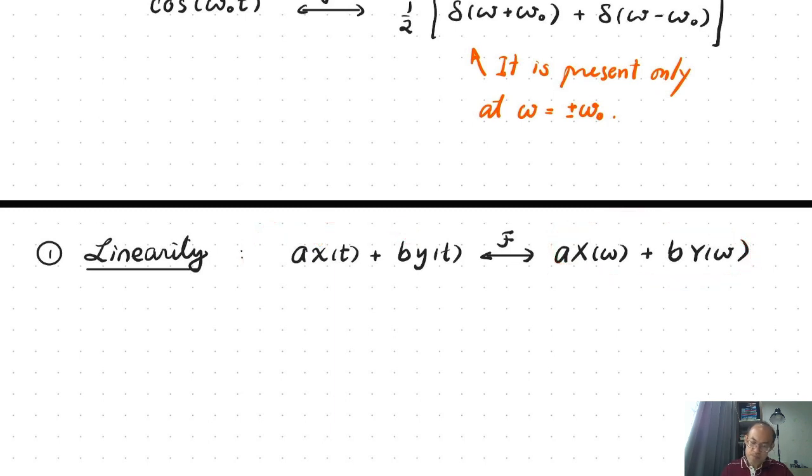Okay, that is linearity. And the second property that we discussed last time was time shift.